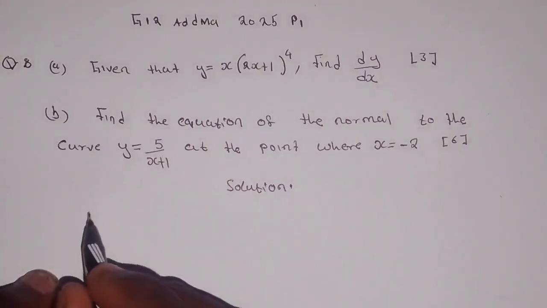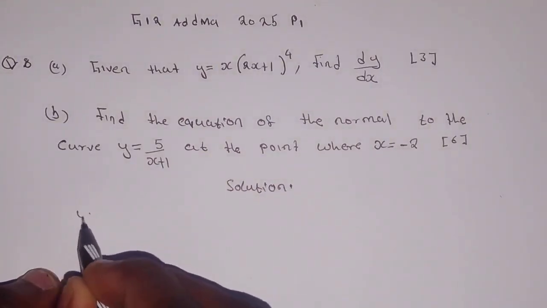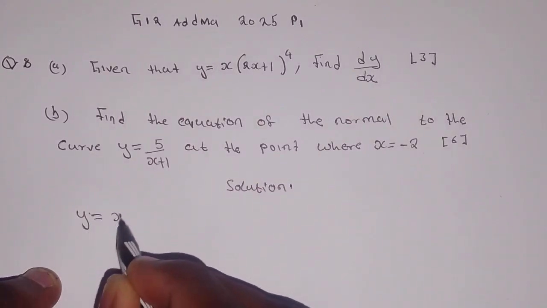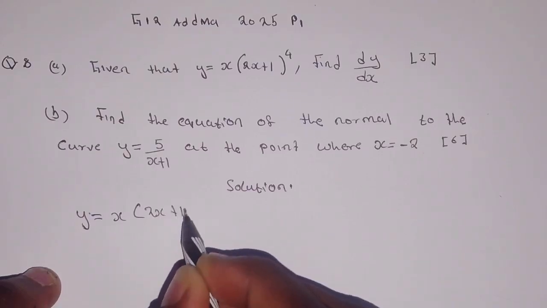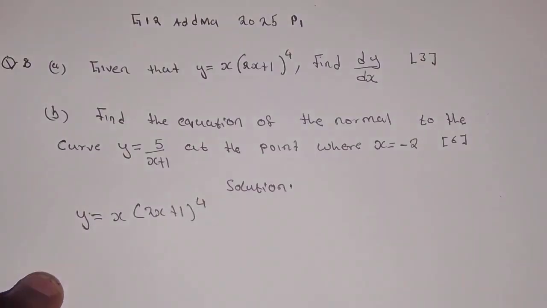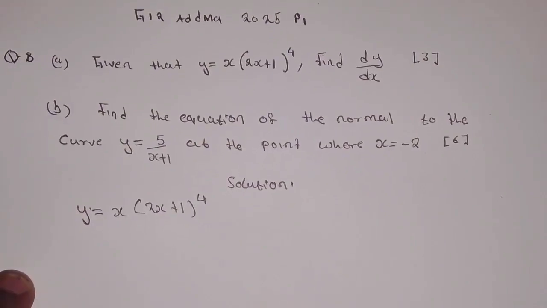Of this equation, y is equal to x(2x + 1)^4, you have been told to find the dy/dx of this function. So how can we differentiate this?